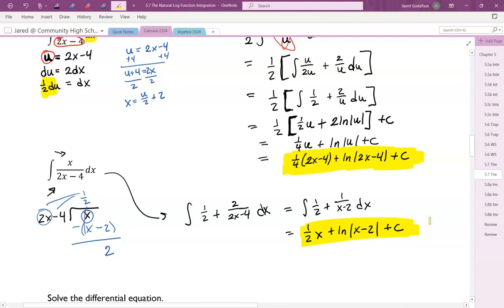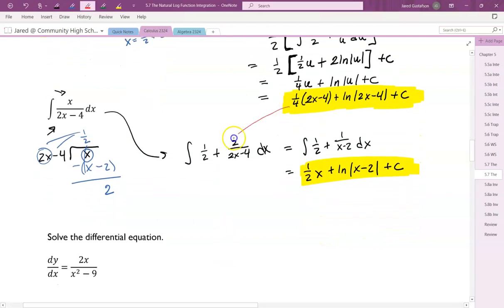Now you might be saying, Mr. G, the answers you got for the first and second are different. So let me try to convince you they are the same. Let's take this top one. When I multiply the 1/4 in, we get 1/2 x minus 1 plus. I'm actually going to factor a 2 out of here. 2 times x minus 2 plus c.